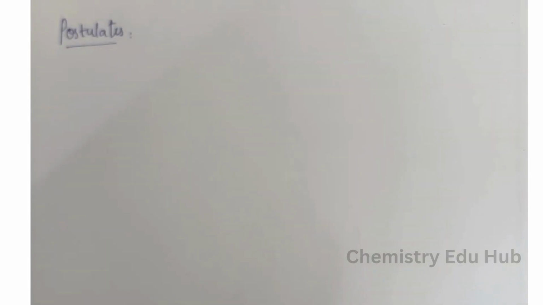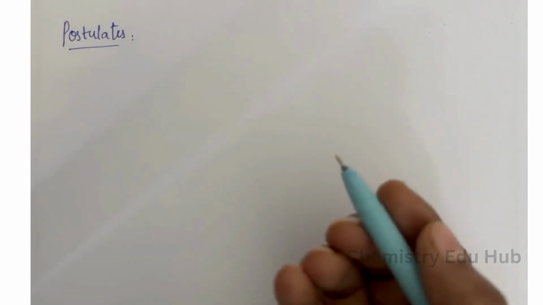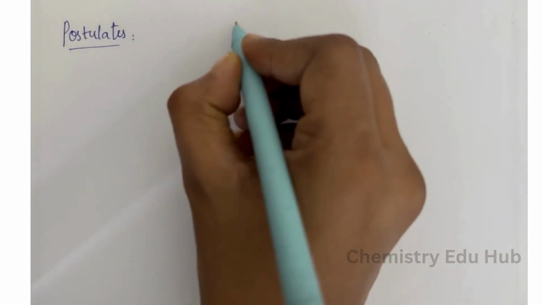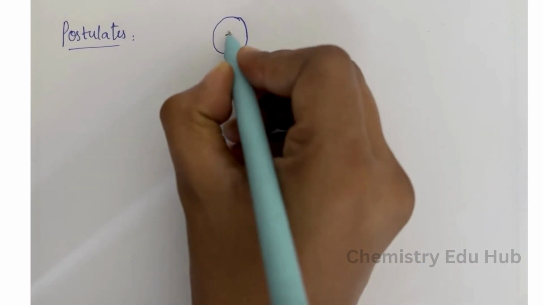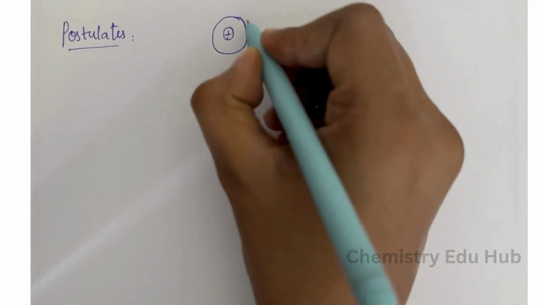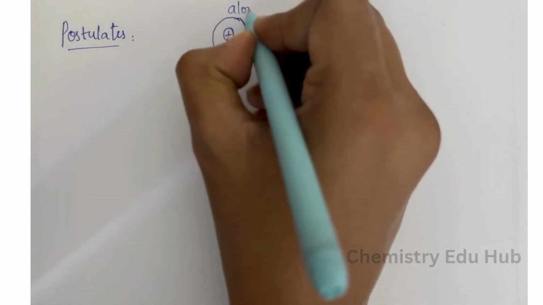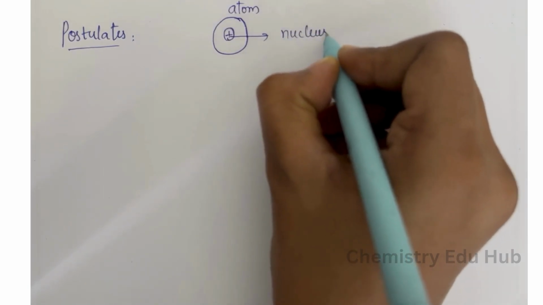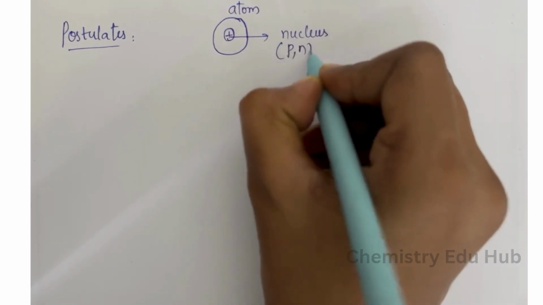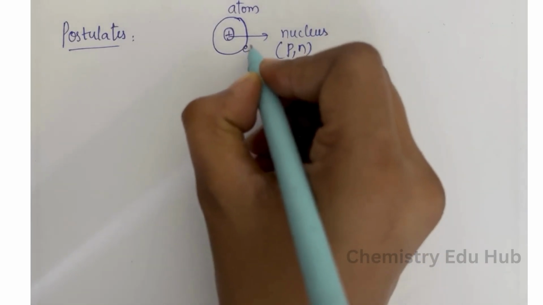So what is the first postulate or the first prediction of Bohr? He says that atom is spherical and at the center there is nucleus. If this is the whole atom, at the center there is nucleus. This nucleus has both protons and neutrons. And what about electrons?